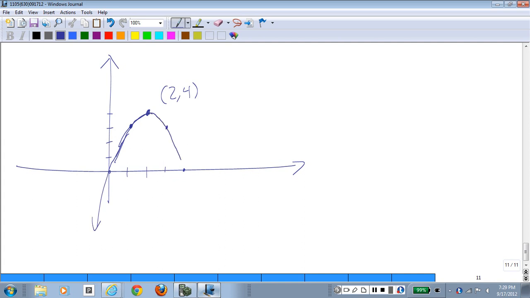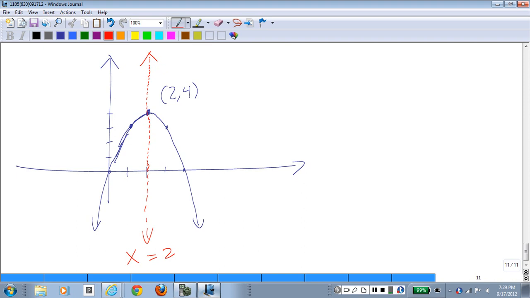A graph like that. Now this doesn't have y-axis symmetry or x-axis symmetry or origin symmetry, but it does have symmetry. The graph is symmetric with respect to this vertical line, x equals 2. X equals 2 is called the axis of symmetry for this quadratic function's graph.